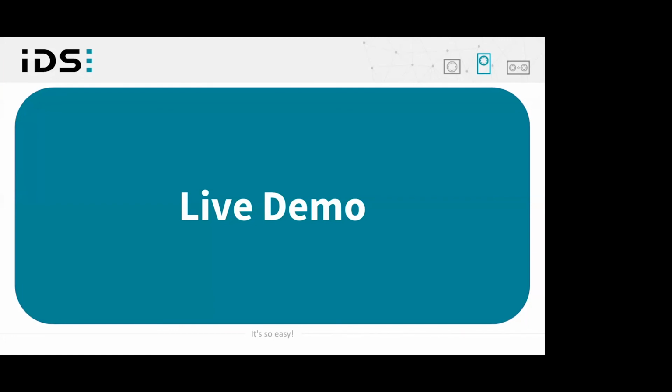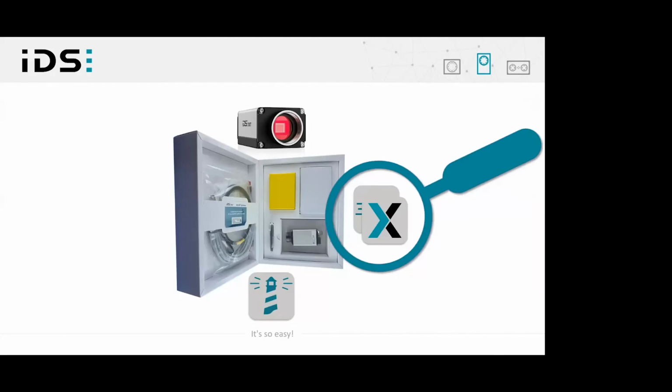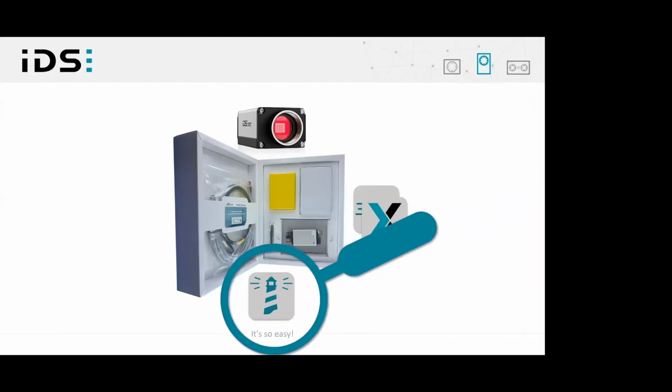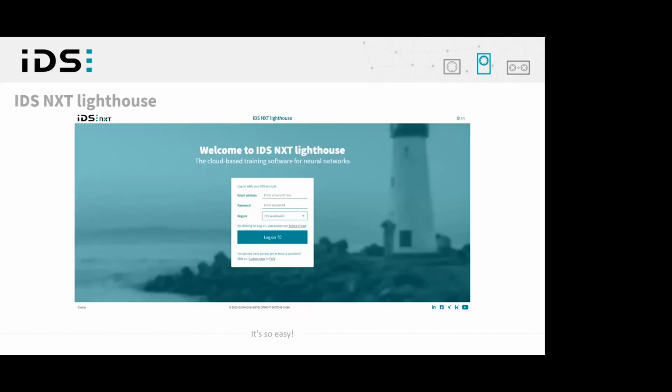We had a look at the NXT system and how it works, and now we change our focus to the software, to the cloud service part, and I would like to introduce IDS NXT Lighthouse. IDS NXT Lighthouse bundles all the specialist know-how which is necessary to train a neural network.